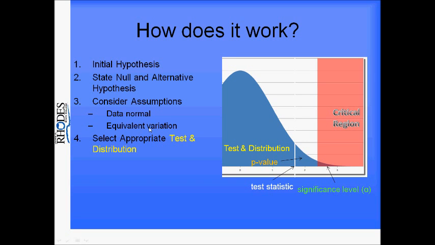The next step is to select the appropriate test and distribution. As I mentioned, it makes a big difference if something's not normal or if it is. You've got to know that. And then the other thing is selecting the right test, knowing how many samples you have, whether the variation is equivalent or not, whether it's a proportion, whether it's means.